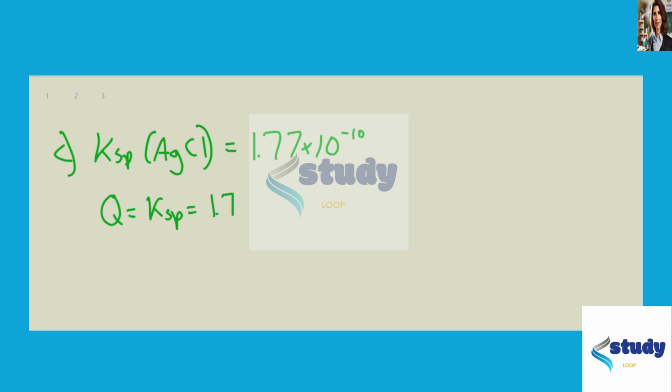We get 1.77 times 10 to the minus 10 is equal to the concentration of silver times concentration of chloride. No exponents, since we have a 1-to-1 ratio here between the ions. So the concentration of silver is 0.0018. Concentration of chloride is what we're solving for.